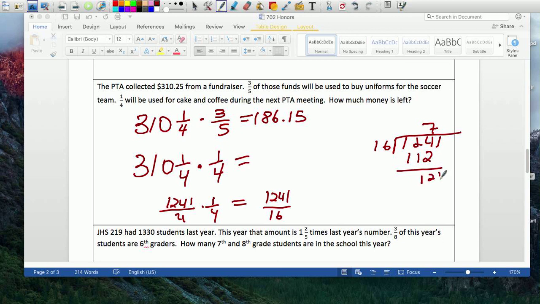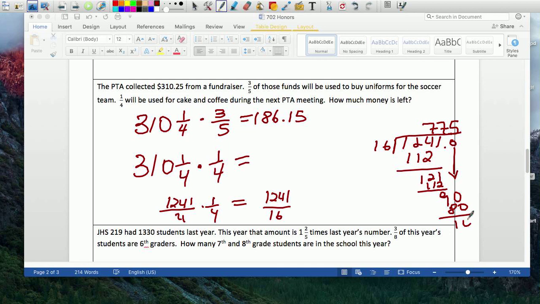Bring the 1 down, and I'm going to say 7 again. Right, it's going to be 112. And that looks like a 9, so let's add a decimal, bring a 0 down. 16 goes into 90 5 times. It's going to be 80.